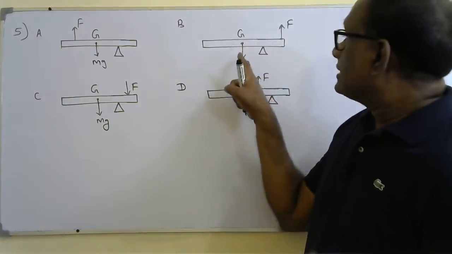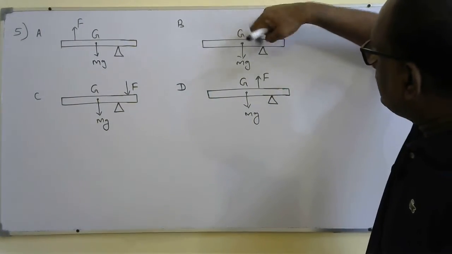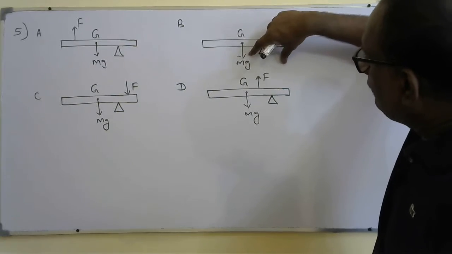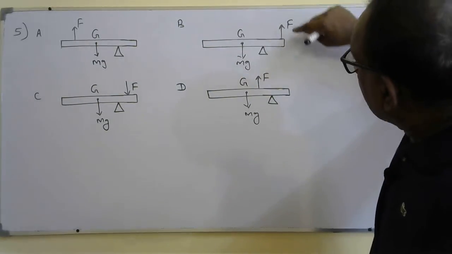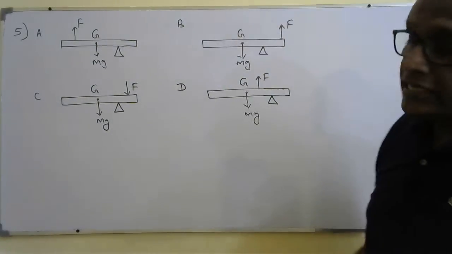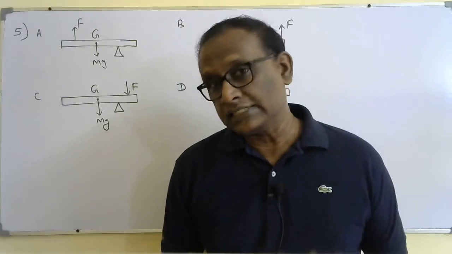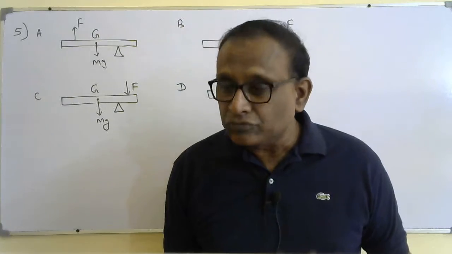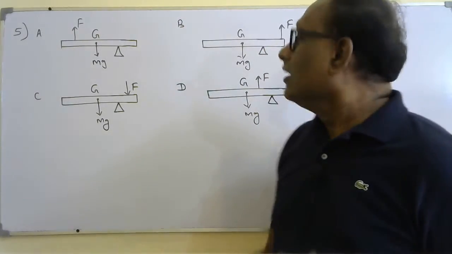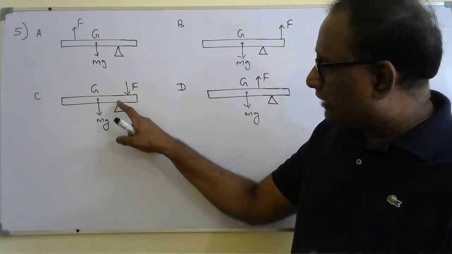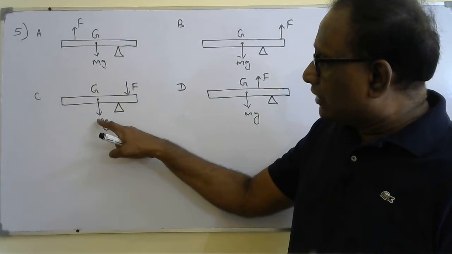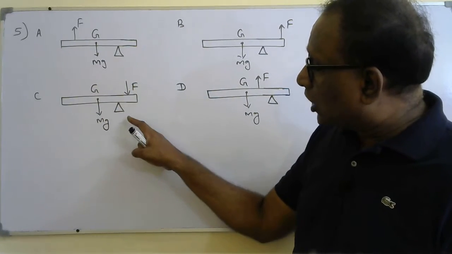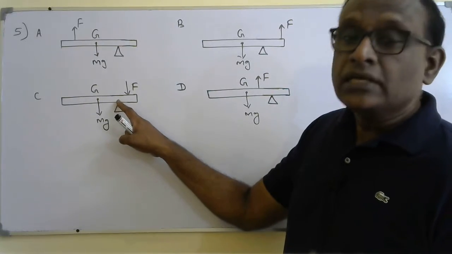equilibrium. When you consider B, this will provide an anti-clockwise moment about the pivot, and the weight will also provide an anti-clockwise moment. Both are in the same direction, so they can't balance each other. So it won't be at equilibrium. We'll check the other two also. If we consider moment about this one, the weight will provide an anti-clockwise moment, and the force will provide a clockwise moment about the pivot.